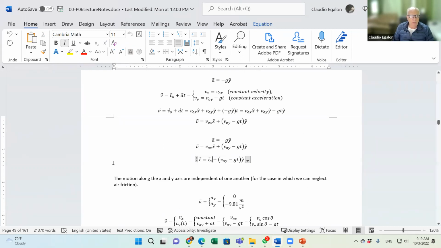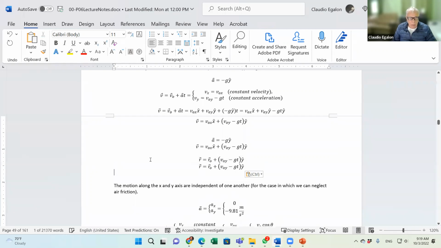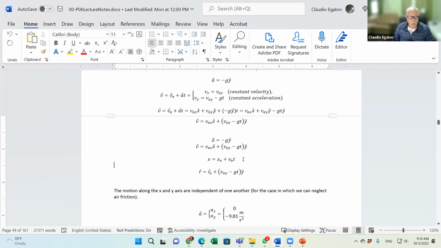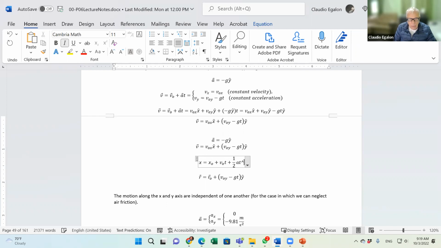Remember the one-dimensional equation. Let me just write down the one-dimensional equation for accelerated motion and for uniform motion. That's the one-dimensional counterpart. And if you have an acceleration, you're going to have a half a t squared term here.